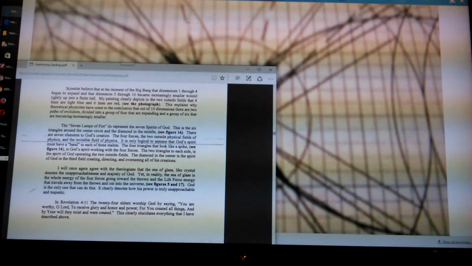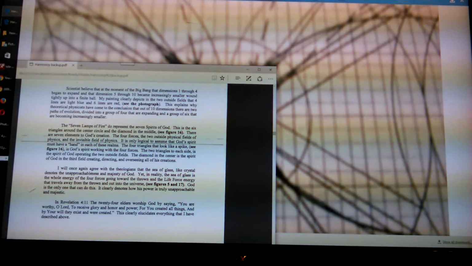Anyway, so there are 7 elements to God's creation: the 4 forces, the 2 outside physical fields of physics, and the invisible field of physics. It is only logical to assume that God's Spirit must have a hand in each of these realms. The 4 triangles that look like spikes is God's Spirit working with the 4 forces.